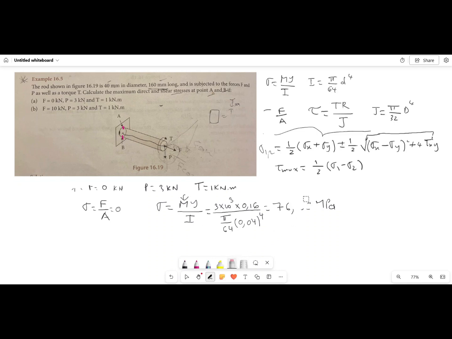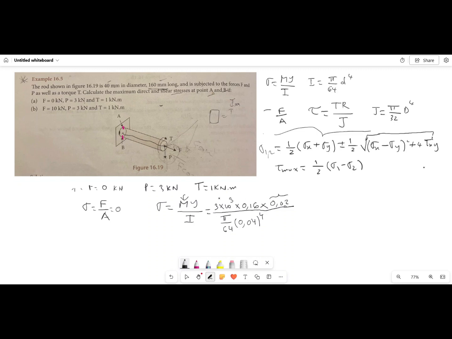This makes the moment. Now I say y is simply the radius. In this case, if the diameter is 40, the radius is 20, in meter it should be 0.02. Now you got the y, which is this one.